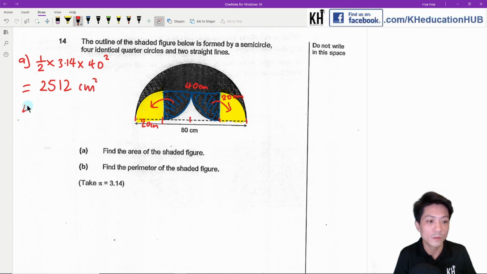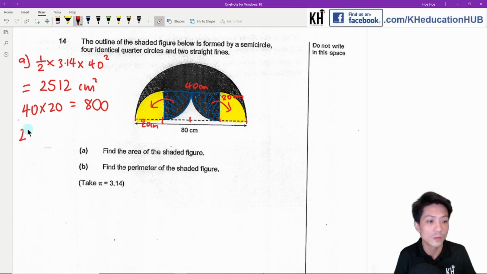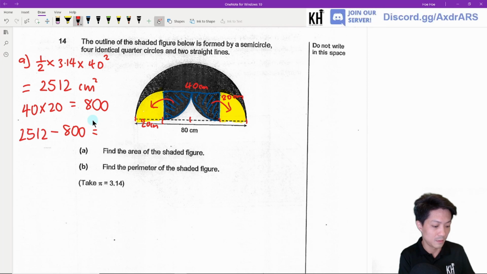Then I'm going to find the area of the rectangle, 40 times 20, which is 800. So to find the area of the shaded figure, I just need to use 2512 minus 800.